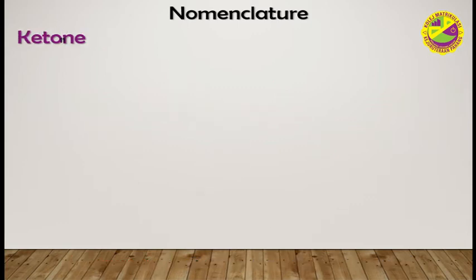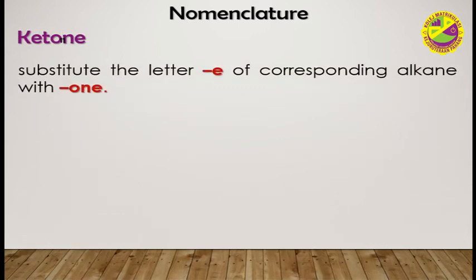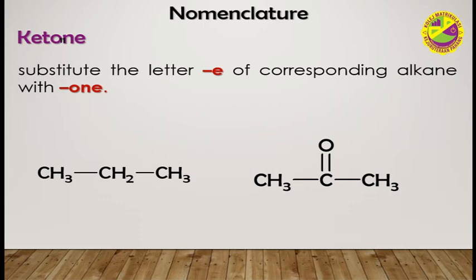5-hexenal. Next, we look at the nomenclature of ketone. Ketone is named by substituting the letter E of the corresponding alkane with -one. For example, we have propane on the left side.